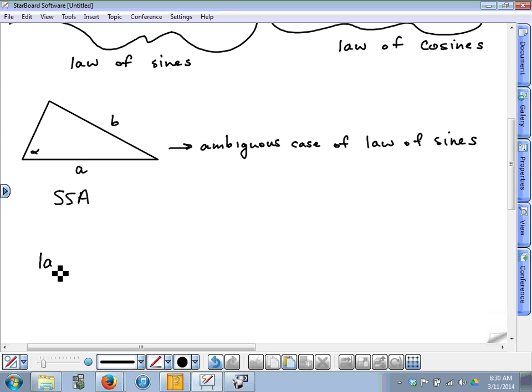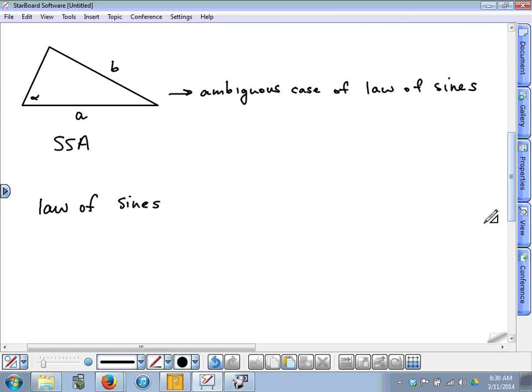So here's law of sines. Draw one of those triangles you've been drawing. Label the vertices now.